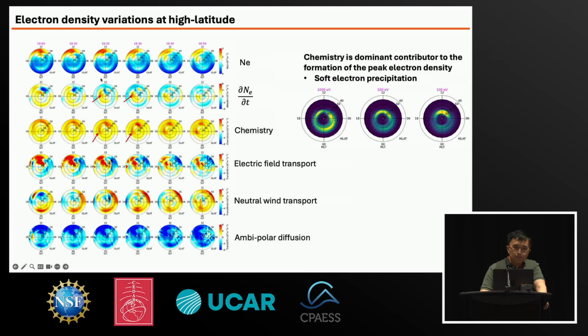You can see the subplots where I put red arrows: the enhancement of these density variations is most likely caused by the chemistry.